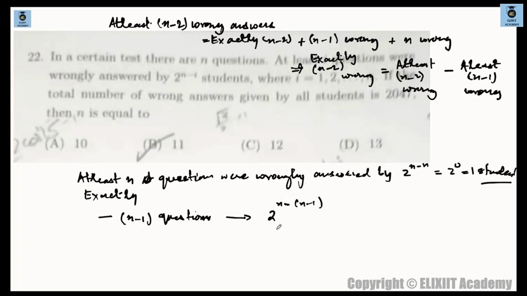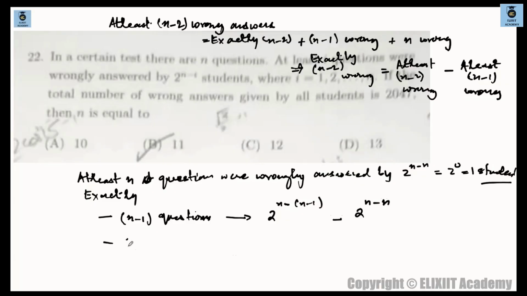At least n minus 2 wrong minus at least n minus 1 wrong, and then minus one less than this means at least n wrong. So 2 raised to the power of n minus n, at least n wrong.